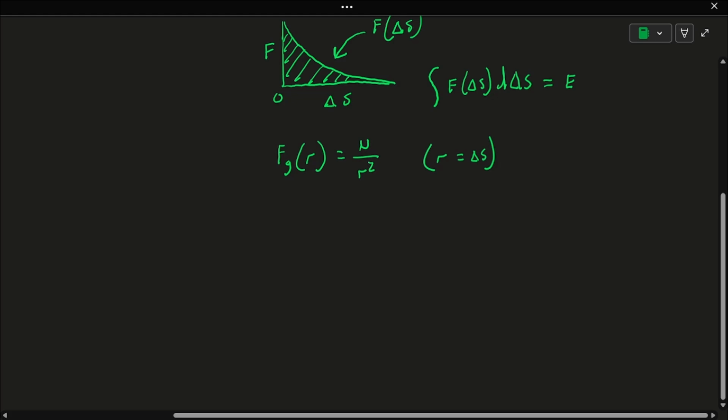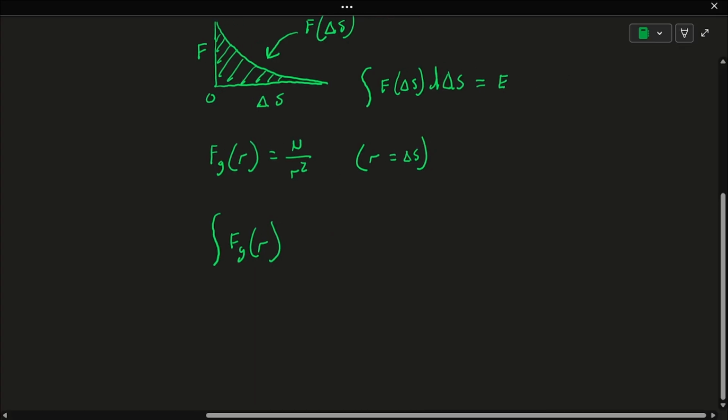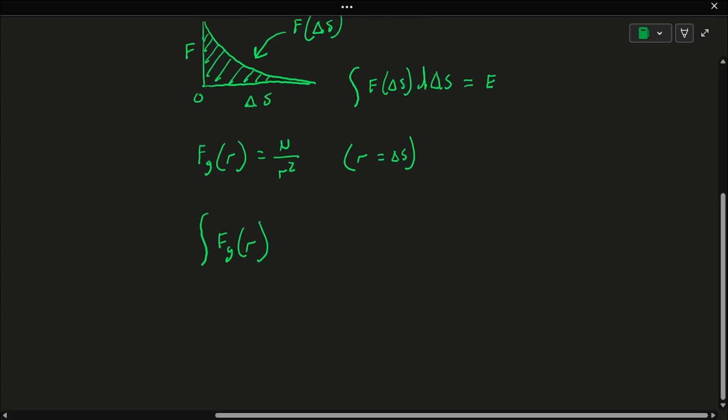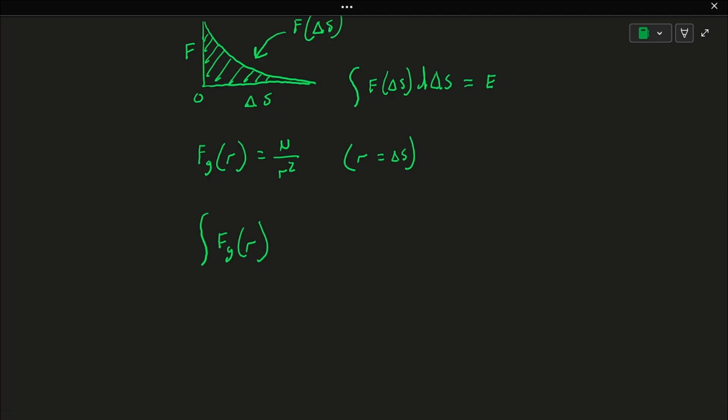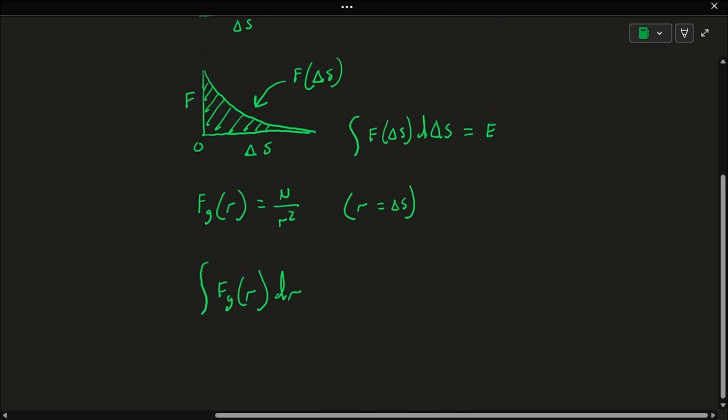So now, to find how much energy we're getting from this, how much potential energy, all we have to do is integrate it. So we do the integral of Fg with respect to r. Oh, and I should say this definition of gravity just comes from the Newtonian calculation for gravity, decreasing with the inverse square of distance. So we integrate that with respect to r, right, which is what we decided to do up here.